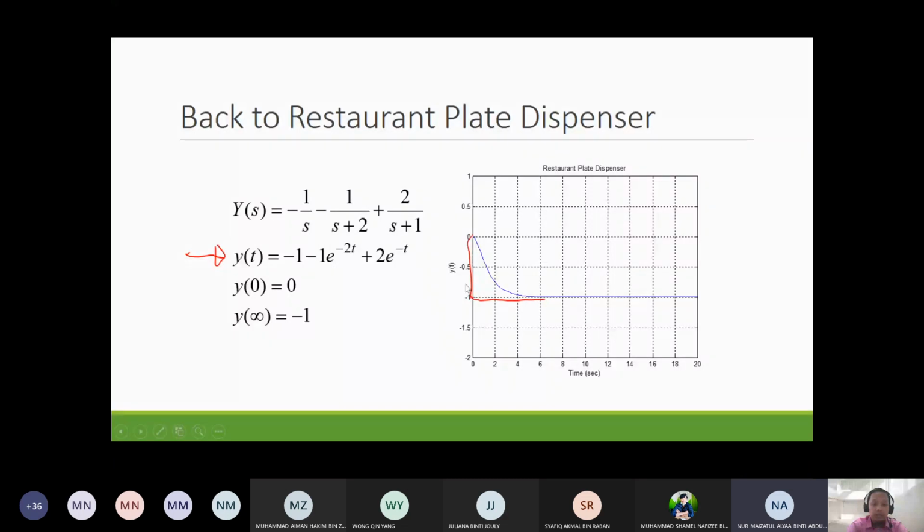But in real life, we cannot get this kind of time response because there will be some damping occurring in the system. We cannot remove the damping or vibration. So the best we can get is maybe 4 or 2, which we will learn later, maybe after midterm.